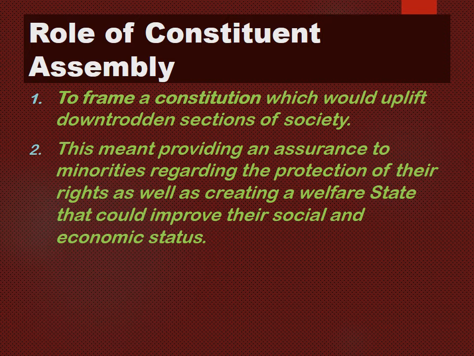This whole sentence sums up the work of the Constituent Assembly, that they needed to protect the rights of minorities as well as establish a welfare state where people can improve their social and economic status after facing such problems of religious differences and economic and social diversities. So it was the first attempt to make a welfare society.